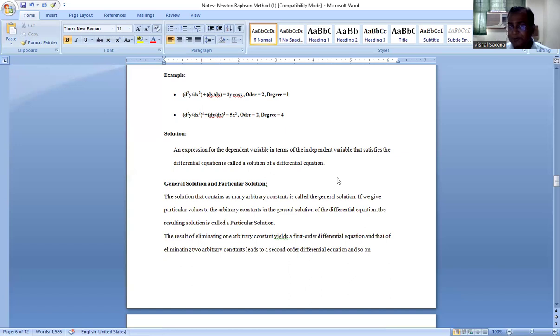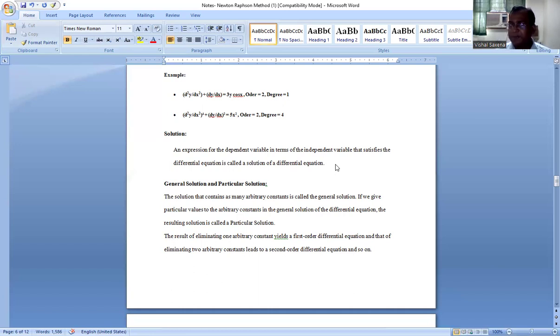Means the solution of the differential equation can be defined as a relation between the independent variable and the dependent variable, where the dependent variable is expressed in terms of the independent variable, but the condition is that the relationship obtained should satisfy the given differential equation.